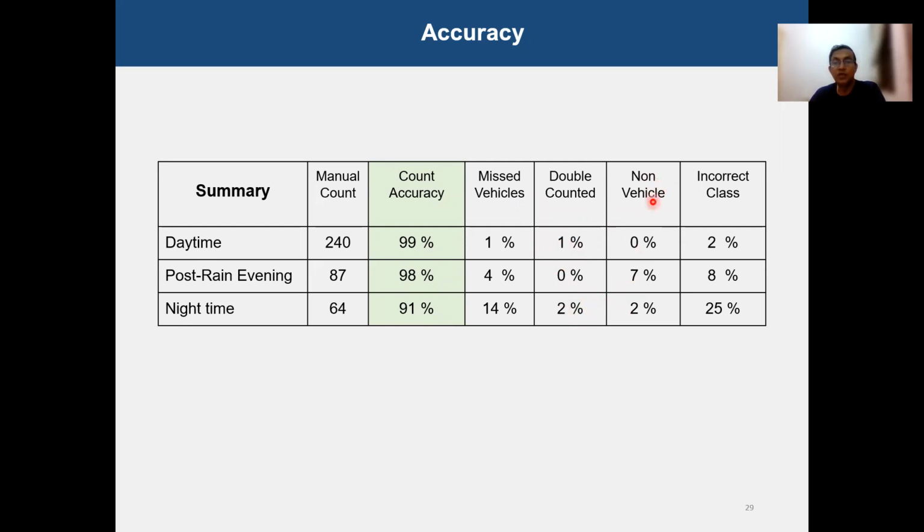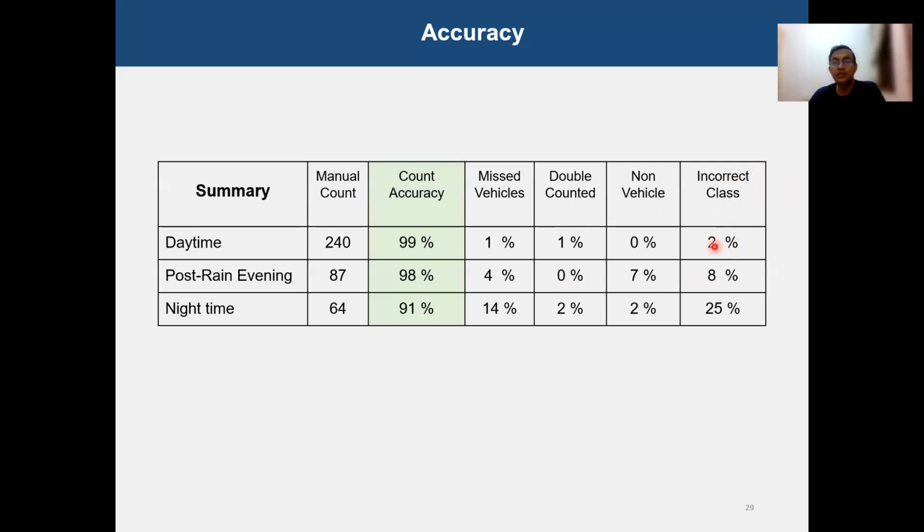The non-vehicles being identified as vehicles at night is 2%. During daytime, 7%, because a lot of vehicles, and there are objects, not moving vehicles, but stopped sideways, also being detected sometimes. They're not moving, so the system is not perfect at identifying that this is a stationary vehicle that should not be counted.